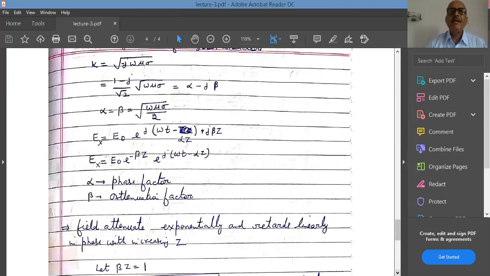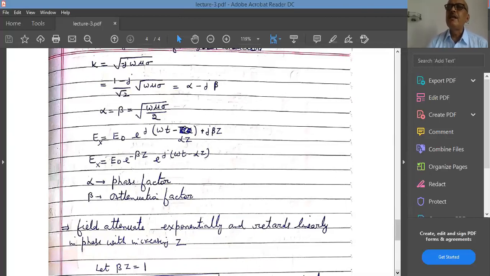So if you compare the behavior of wave propagation in a free medium, free space, non-conducting media and the conducting media, if the wave is propagating through a non-conducting media or free space, the electric field vector and the magnetic field vector move without any deterioration.